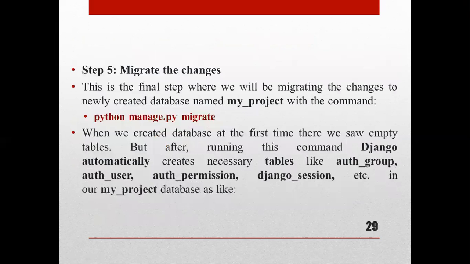Then step number 5: you have to migrate the changes. This is the final step, where we will be migrating the changes to the newly created database my project with the command python manage.py migrate. When we created the database the first time, we saw some empty tables.